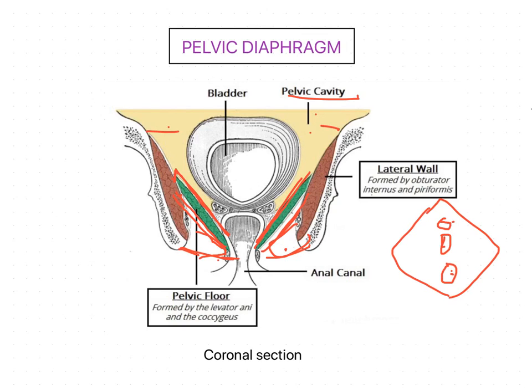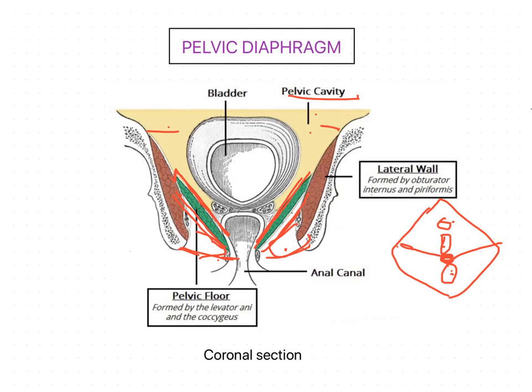Between the urogenital hiatus and the anal canal lies a fibrous node known as the perineal body, which joins the pelvic floor to the perineum.